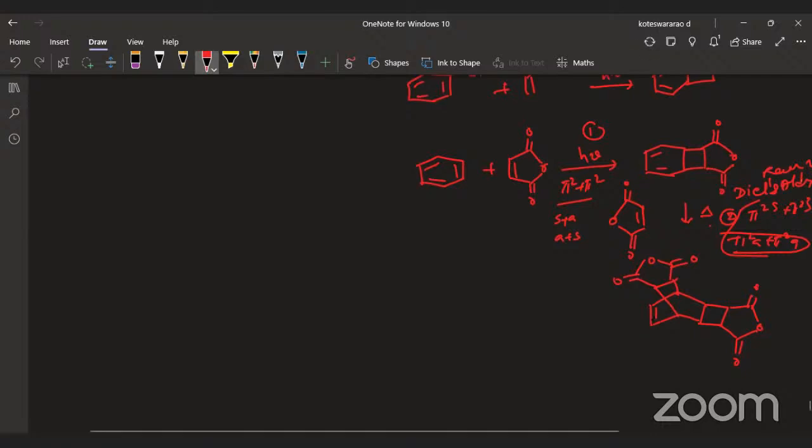Next, coming to cycloaddition reactions with some triple bonded compounds. Benzene undergoes addition with alkyne derivatives, a triple bonded methyl ester.